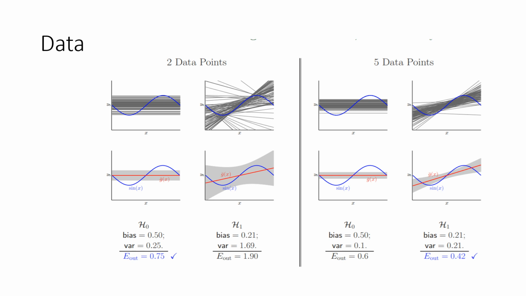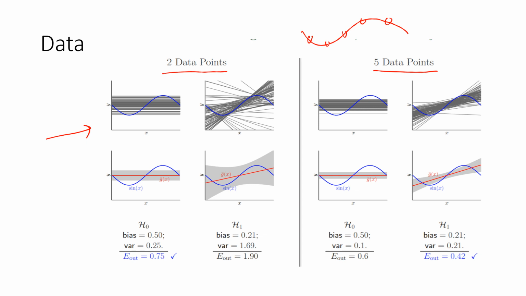Here I'm repeating the same experiment, the one that we saw in the slide. Now let's say we have the same hypothesis sets H0 and H1, and instead of two data points, I have 5 data points. If you look at the curve, I can have 1, 2, 3, 4, 5.